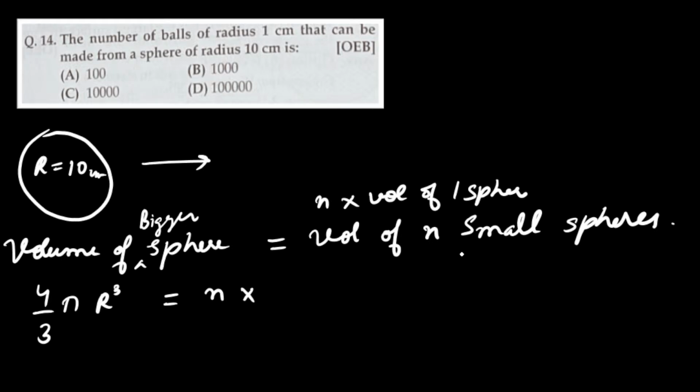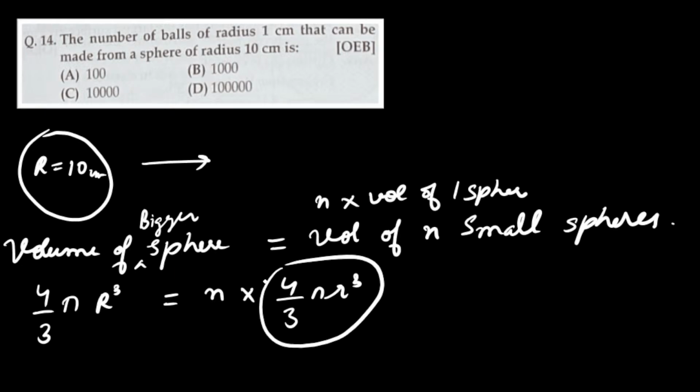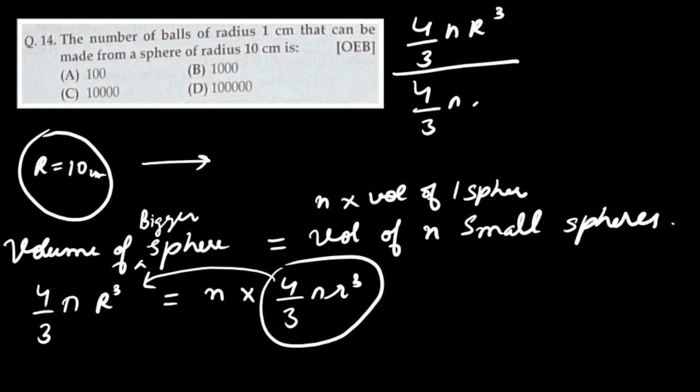This is the meaning of volume of n small spheres. So n into 4 by 3 pi r cube. Now we have to find n, so n only we have to keep. This full expression will shift to the other side. Here it is getting multiplied, so when we shift it to the other side, it will get divided. So 4 by 3 pi r cube by 4 by 3 pi r square.